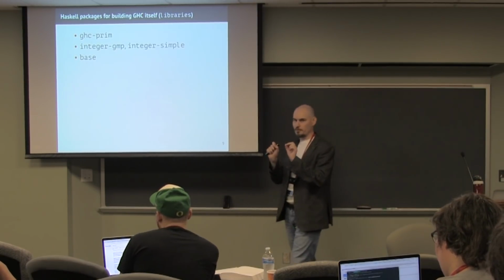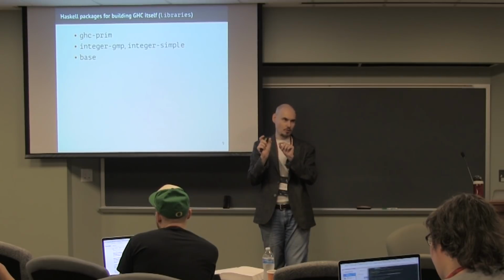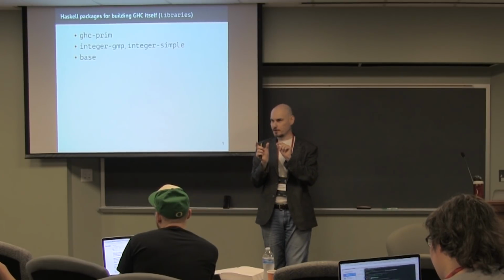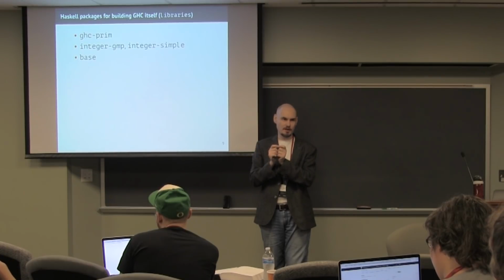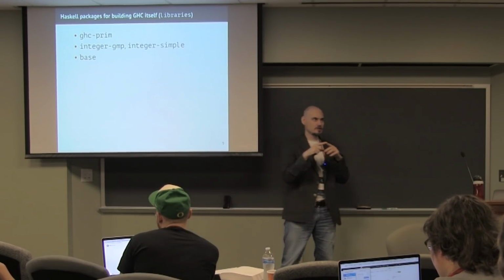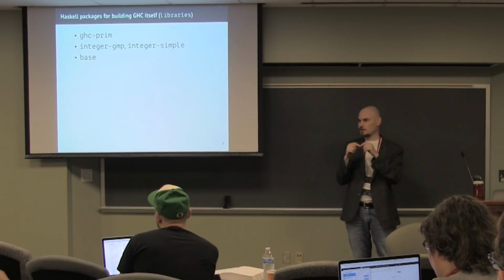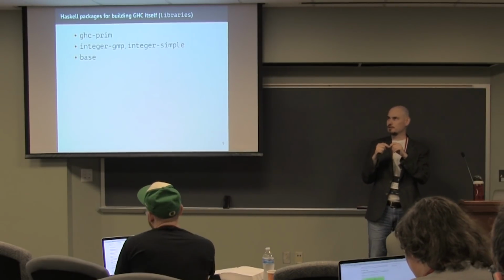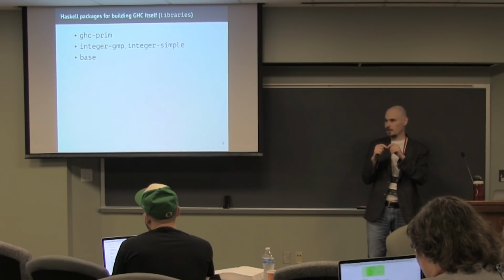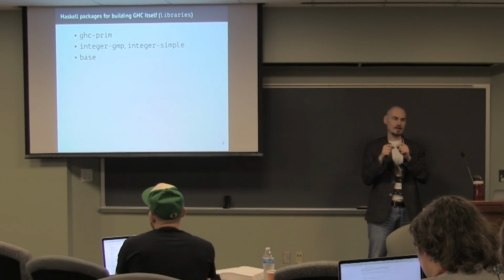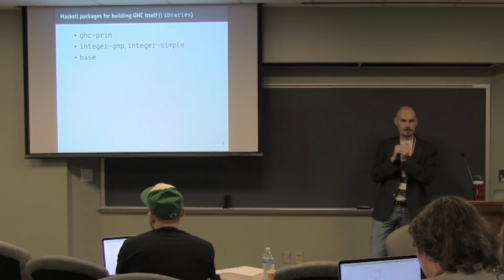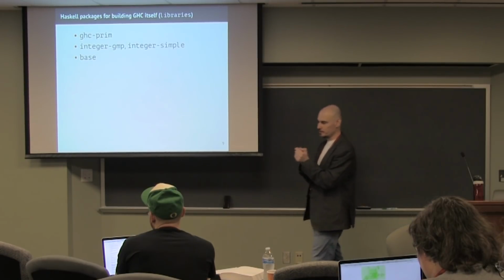Every version of a compiler is built against one version of base. It is impossible to have a different base for one compiler. For example, GHC 8.4 can be built against base 4.11. And you cannot change that, because these libraries are very strongly coupled with the compiler.